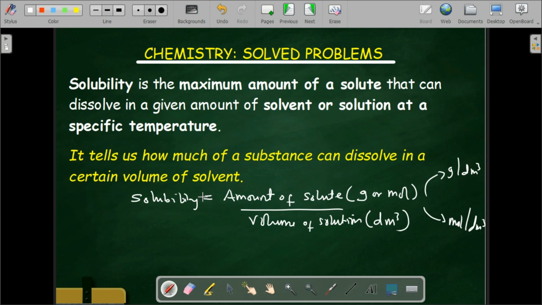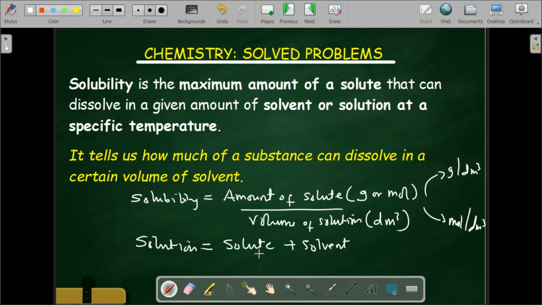When solutes are dissolved in solvents, it's important we also mention this: when we say solution, solution simply means solute together with solvent. In a situation where the solvent is just enough to dissolve the solute, we say the solution is saturated.